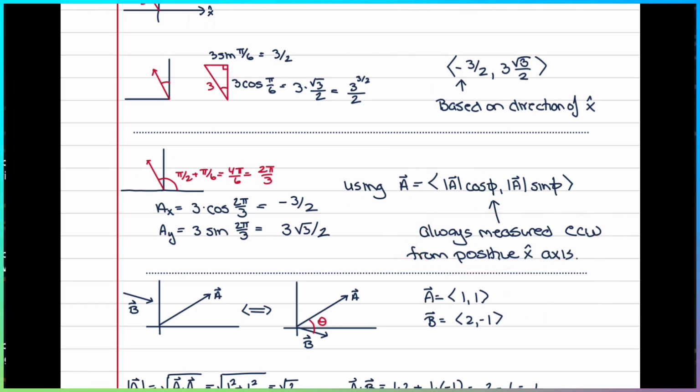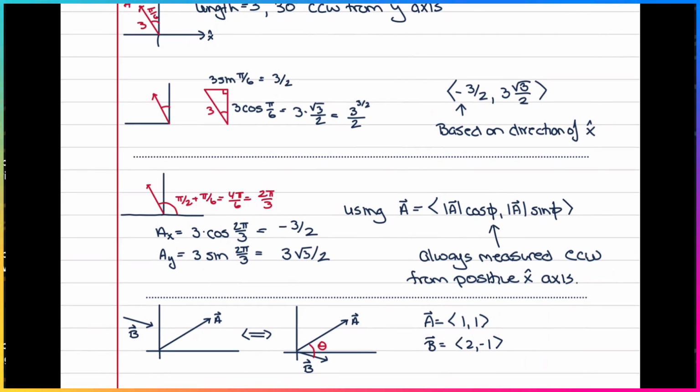So in this case, it's not 30 degrees. It's 30 degrees plus 90 degrees, because you're measuring from the positive y-axis here. So that's 120 degrees. And then you can just plug it into the formula, and you will, of course, get the same answer as before.